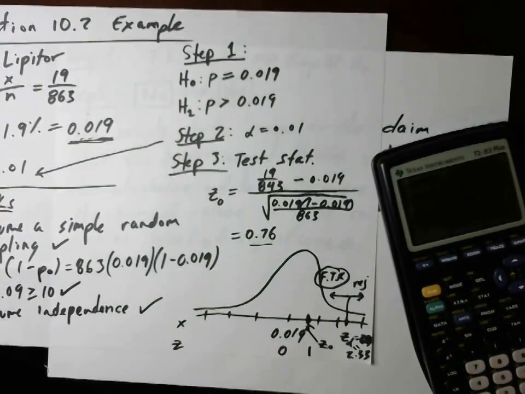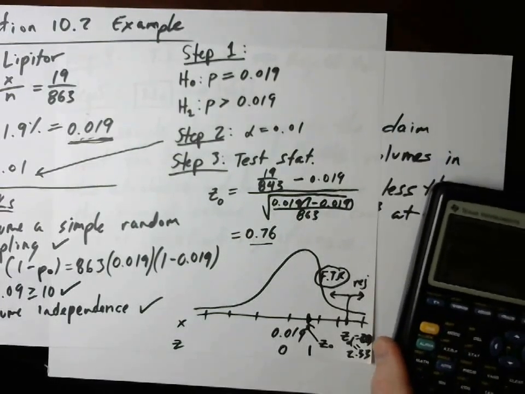What is going on? The right tail doesn't make a difference. 19 over 863.